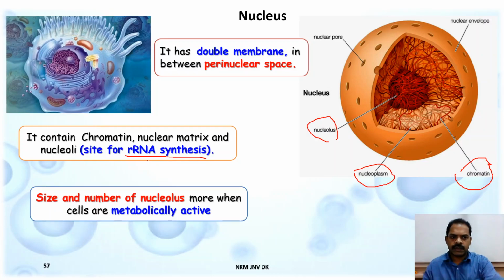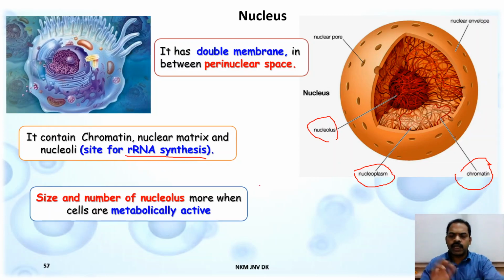What is RNA? Ribonucleic acid. rRNA means r is for ribosomal. We already told that the ribosome is made up of RNA and protein. This rRNA is made inside the nucleolus. The nucleolus function is to produce that.